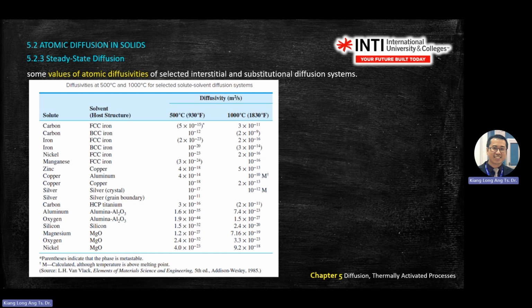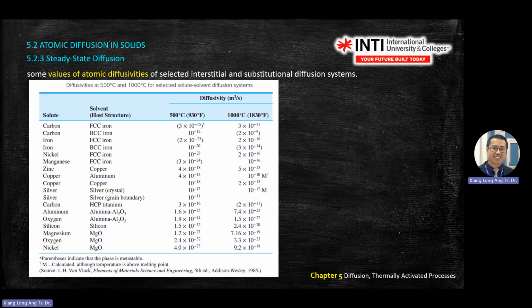What is solvent? I use salt and water. If you put salt inside water, the salt is the solute, water is the solvent. Or you can call the solvent your host.